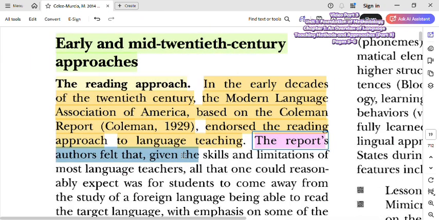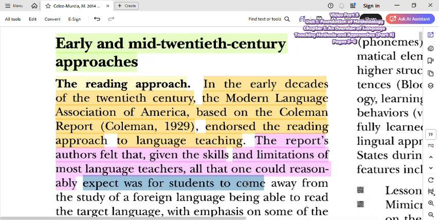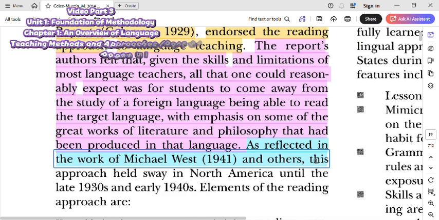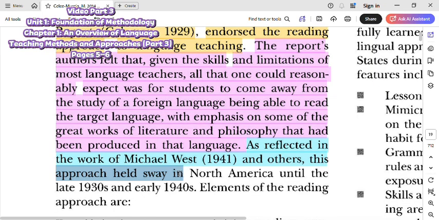The report's authors felt that, given the skills and limitations of most language teachers, all that one could reasonably expect was for students to come away from the study of a foreign language being able to read the target language, with emphasis on some of the great works of literature and philosophy that have been produced in that language. As reflected in the work of Michael West (1941) and others, this approach held sway in North America until the late 1930s and early 1940s.